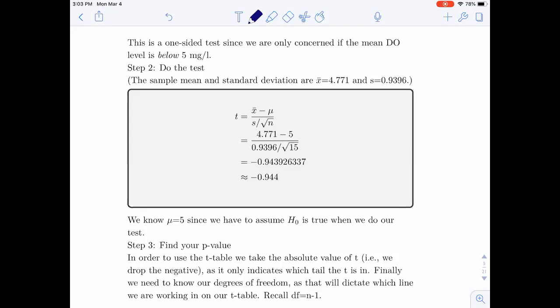So here we kind of breathe a sigh of relief and say, okay, it looks like 4.771 is not significantly less than 5. But we'll keep going because we have to have our p-value to back it up. We do a little check-in here because that's not so far out into the tail. It's actually kind of close, so we're probably not going to reject the null hypothesis. But let's keep going.